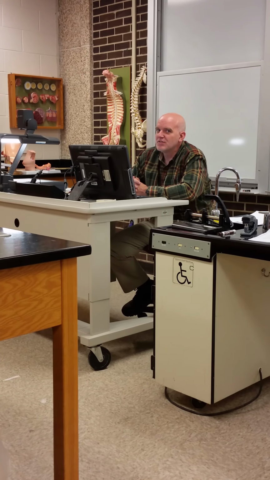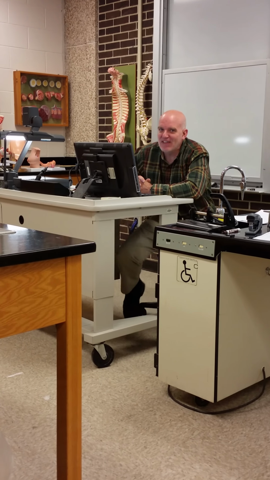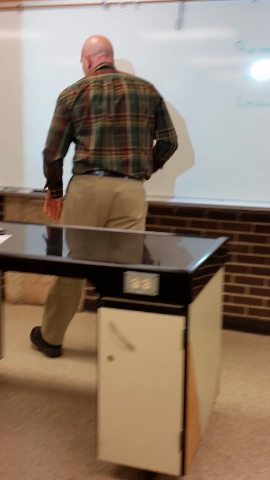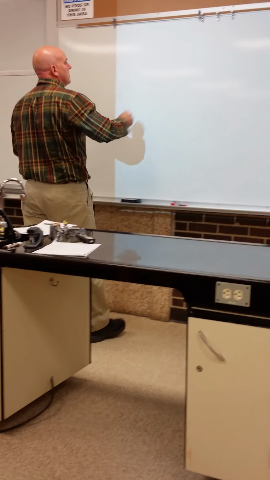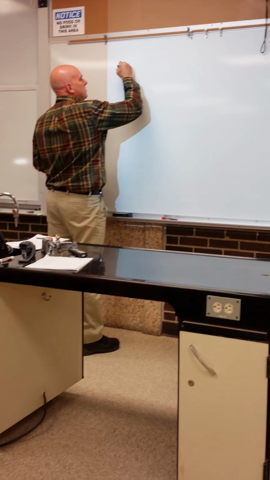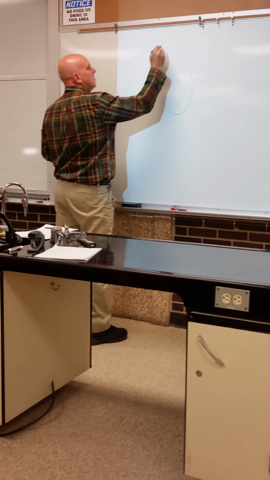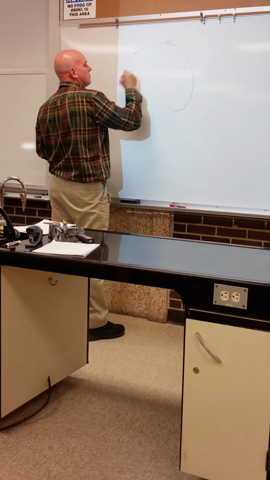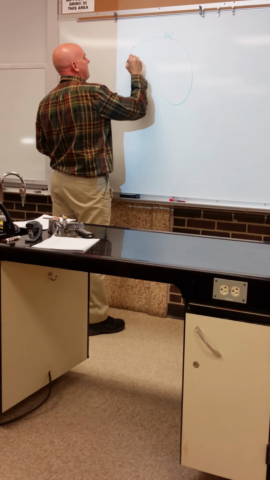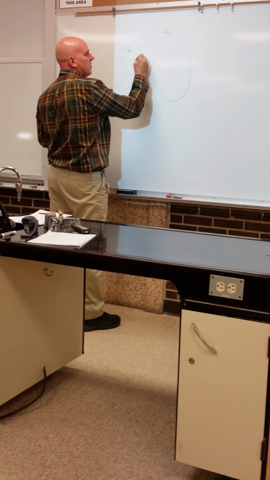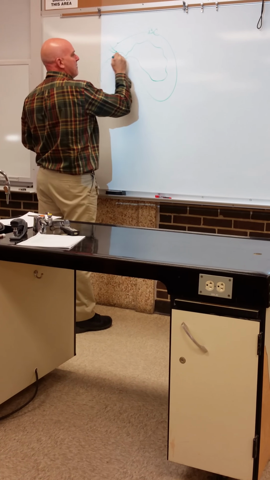Do you give the numbers or the names of the pressures? In that case, I didn't give any numbers, but I do later. Okay, let's be clear, or else you guys will think I'm being tricky. This is Bowman's capsule. Afferent, efferent, capillaries.